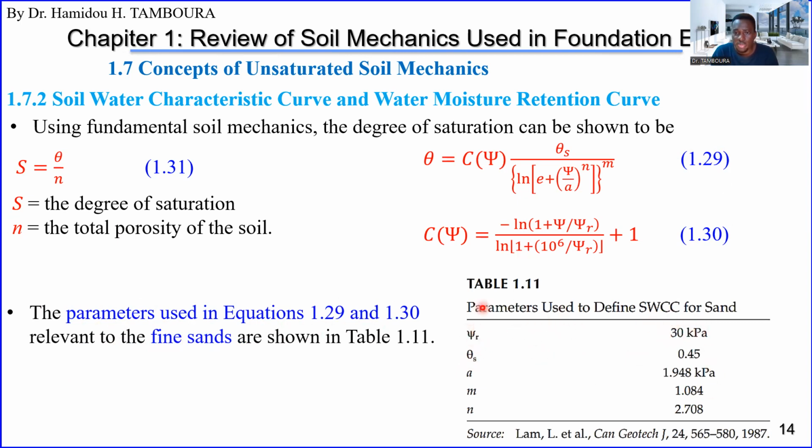This one is about 30 kPa, and theta s is 0.45, a is 1.948, m is 1.084, n is 2.708. These are just given by this reference. You can check also the Canadian Society of Geotechnical Engineering. Okay, I think that's all.